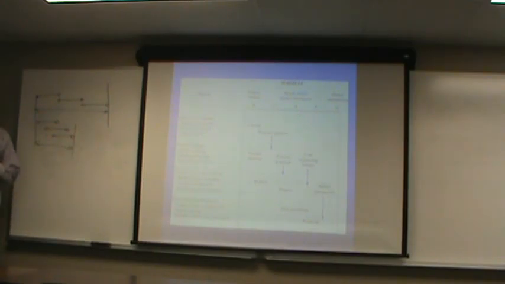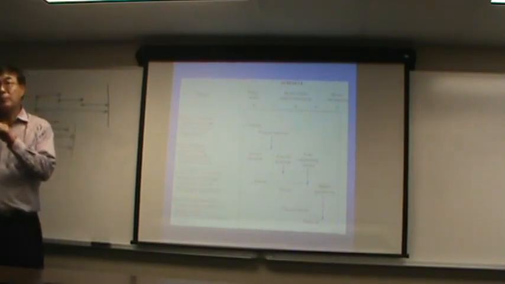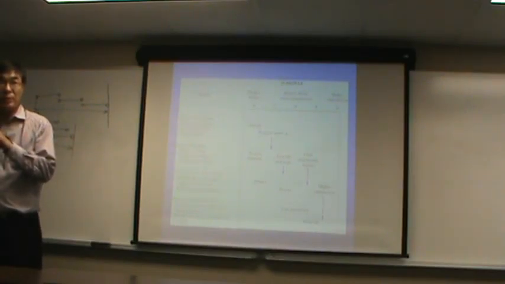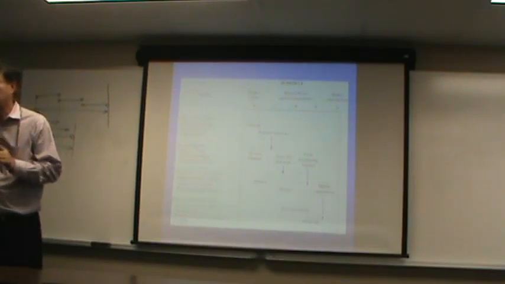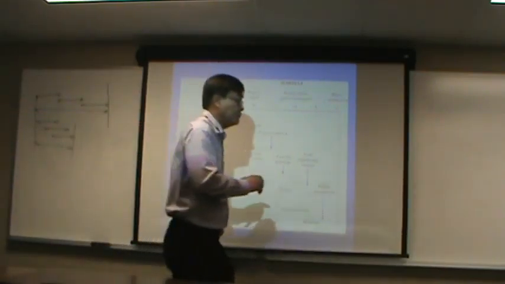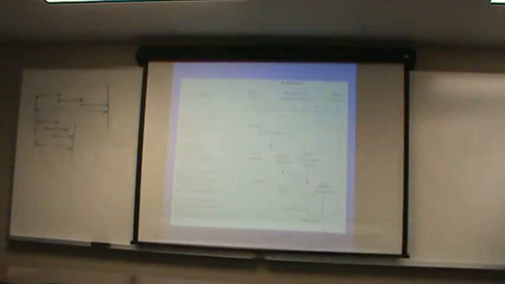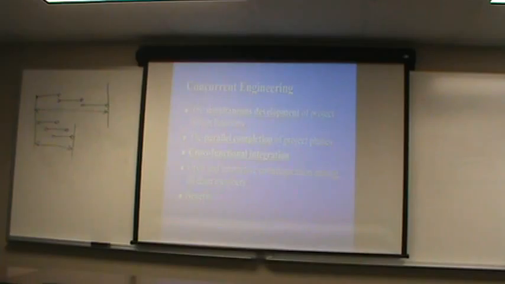So when we design something, if we can do multiple tasks together or simultaneously, then we can make it faster. That is concurrent engineering.